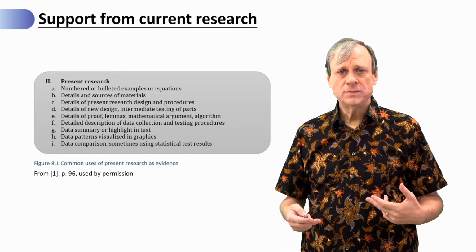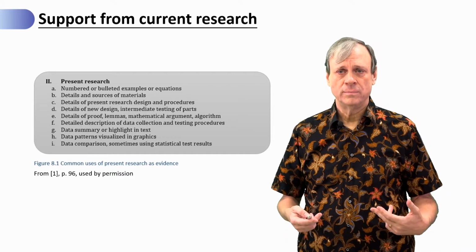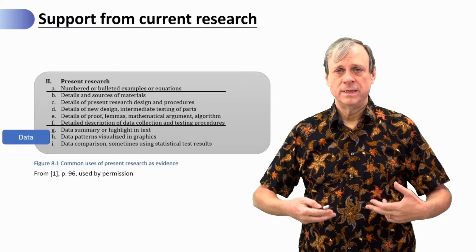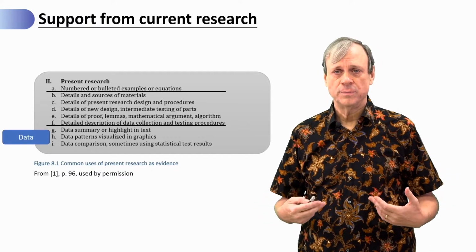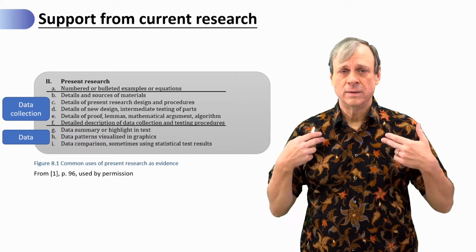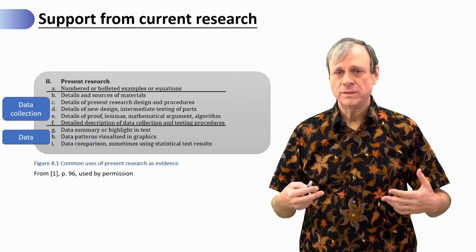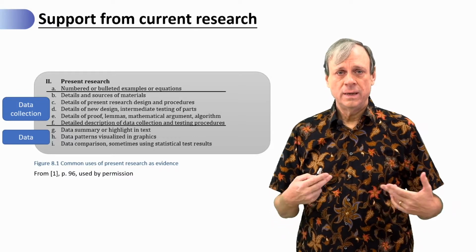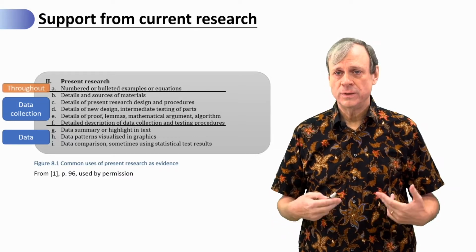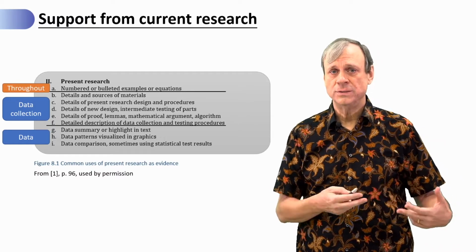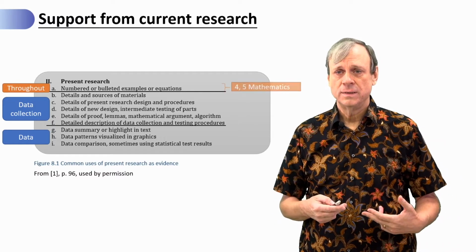So there are at least 3 different types of support from current research. We know, of course, the data. That's what we think of typically as support from current research. But that data are worthless without talking about the validity of the data collection. And in many branches of engineering, we also have numbered examples or equations throughout the text.